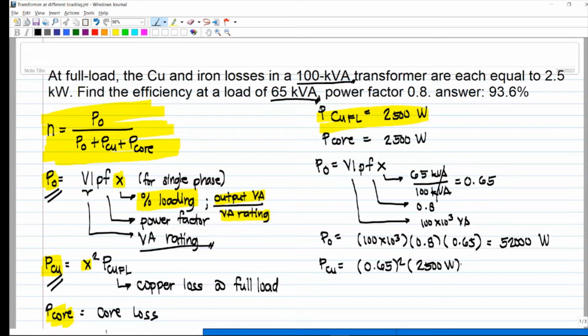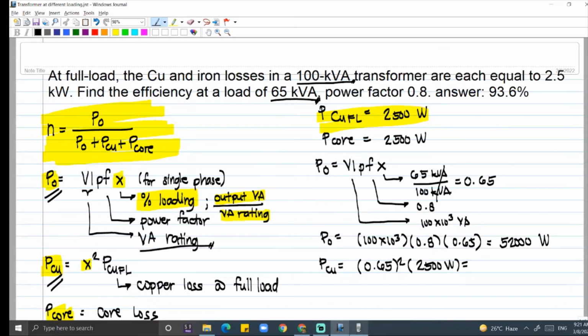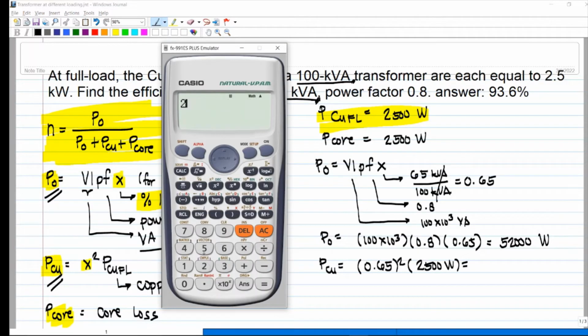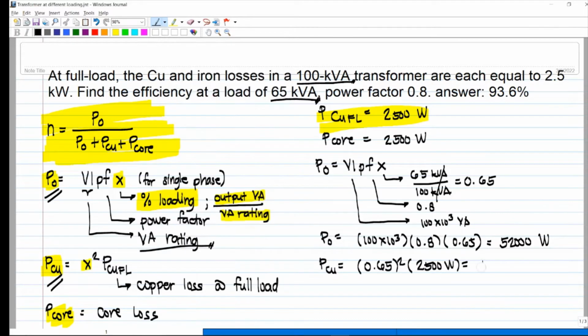And that is equal to 2,500 times 0.65 squared, which is 1,056.25. And kung makikita natin, yung P core natin is nandito naman na 2,500 watts.